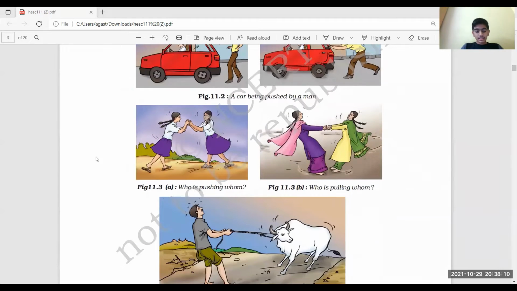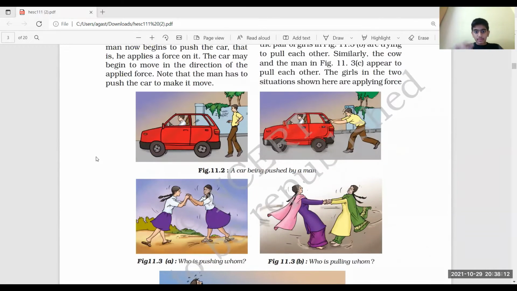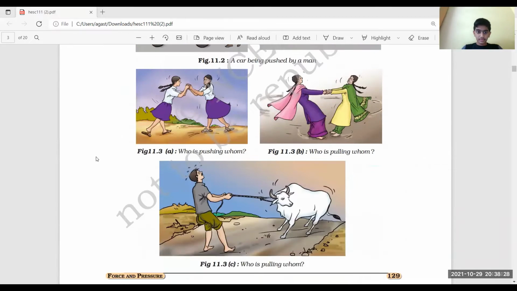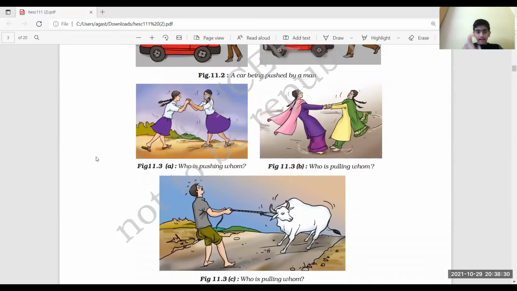Now, you can see a car being pushed by a man. If the man doesn't push it, of course, how can we see a force there? Might be other kinds of forces are there, but there is some interaction which is causing a force over there. Now here we have who is pushing whom. These both are pushing each other.